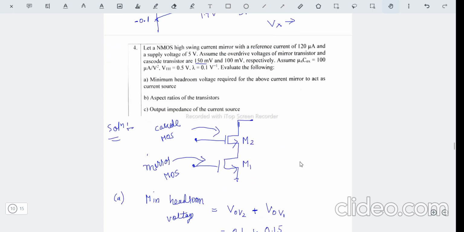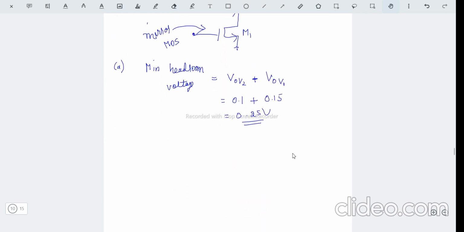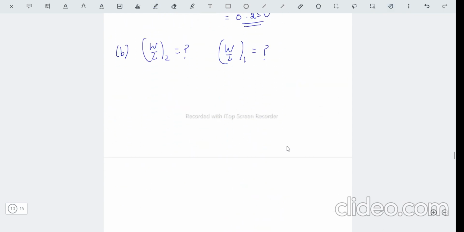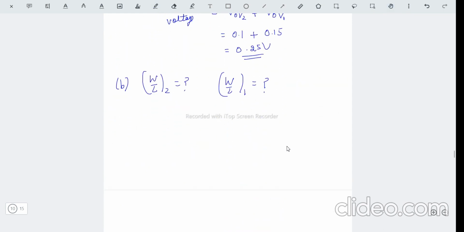That is why we moved from the cascode current mirror to the high swing current mirror. Now the second sub question: the aspect ratios of the transistors. They are asking for W by L of 2 and W by L of 1. So now we shall start finding. We can see that lambda is not equal to 0, so there is a channel length modulation effect. Definitely these two transistors will be biased in saturation.